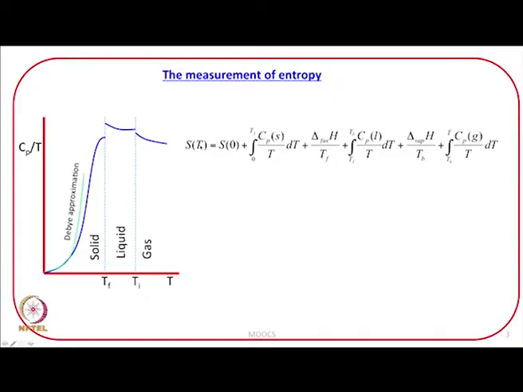T is the final temperature, 0 is the initial temperature, 0 Kelvin, then 0 to freezing point Cp of solid by T dT, then there is a phase transition. So, entropy of phase transition, then from freezing point to boiling point we need to use this value of integral, and then again a phase transition, and then again the value of integral till the temperature of interest.